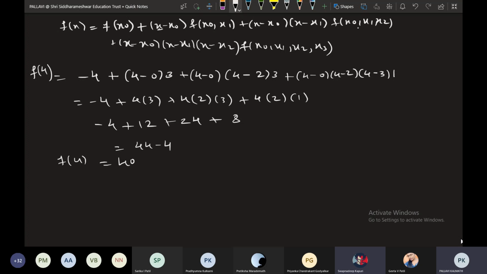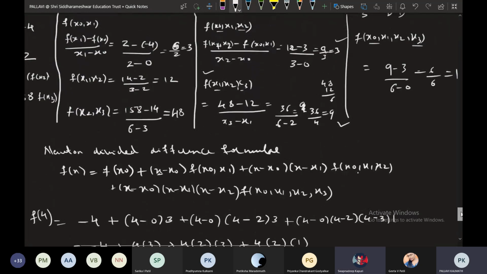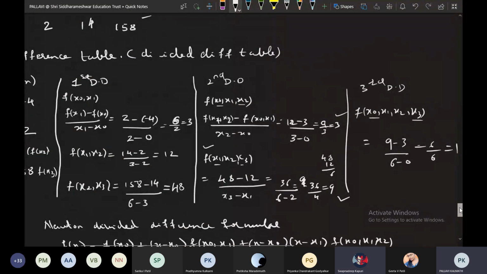Ma'am, could you re-explain how to do the third divided difference? Yes, ma'am, at that time the network was gone for a few minutes. Okay, the third divided difference in this column is denoted as f of x0, x1, x2, x3, and as usual the numerator will be the second term minus the first term.